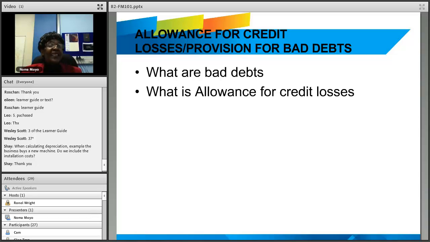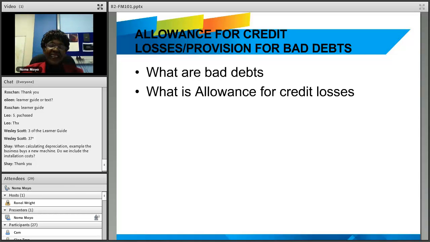Next year, your debtors might come down to 80,000, which means it has to be 4,000, meaning you reduce it by 1,000. If it is a reduction in provision for bad debts, you are going to add it on other income. You are going to add it to the gross profit. It will be other income.